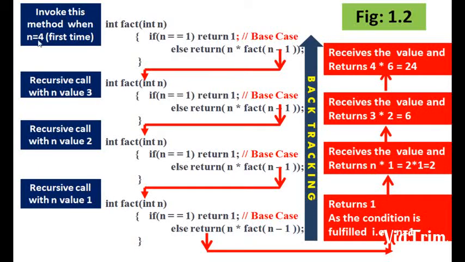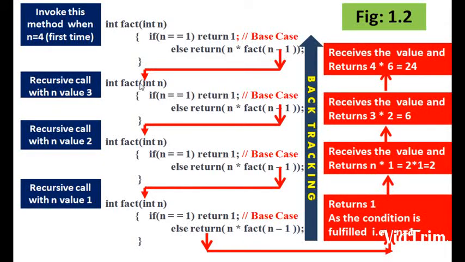So inside the method block, it checks whether n is equal to 1 or not. If yes, it returns 1. Otherwise, it goes to the else part. The condition here is false. So it keeps 4 into and calls fact of 3, as n was 4 and 4 minus 1 is equal to 3.